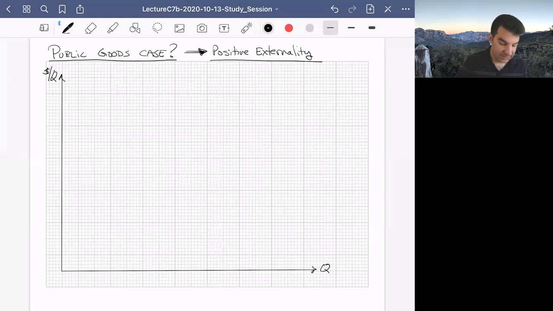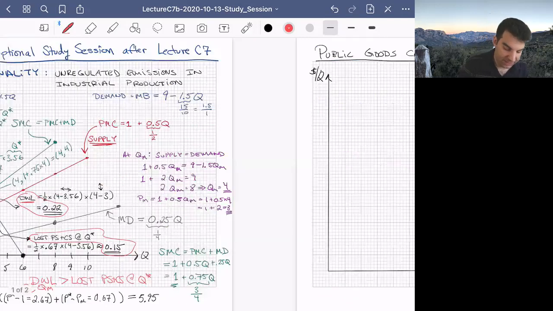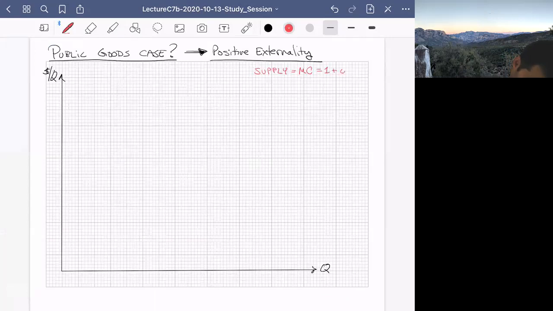And so in this case, for a positive externality due to public goods, I am going to assume that the supply curve is known, and it really does equal the total marginal cost to society. I'll make it the same supply curve as before. So that private marginal cost is 1 plus 0.5Q, and I'll just do 1 plus 0.5Q again, just because I'm not feeling very creative.